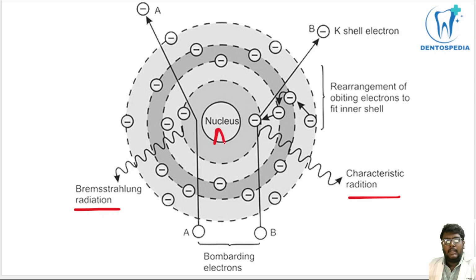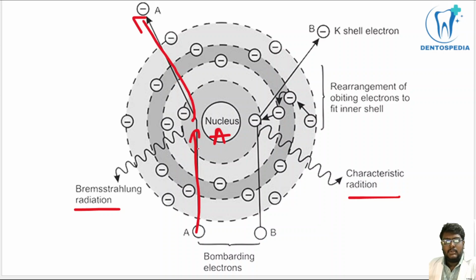So this is the anode, and these are high-speed electrons coming from the cathode, A and B. Electron A has high speed, and it is attracted towards the nucleus, but it doesn't hit the nucleus or an electron in that atom, and because of its high speed, it deviates from its original path and enters into another atom.